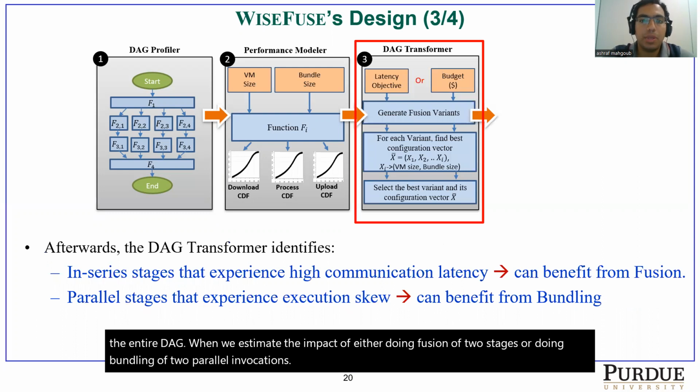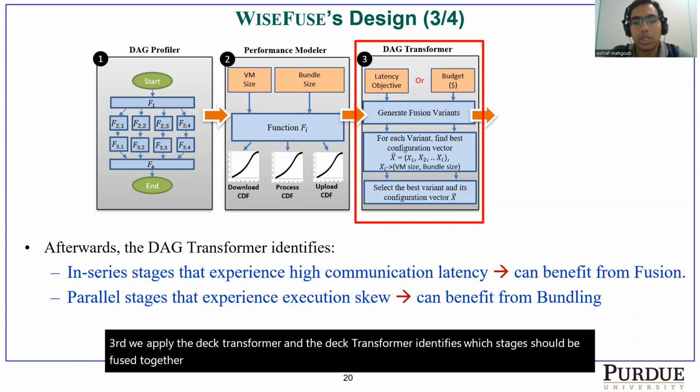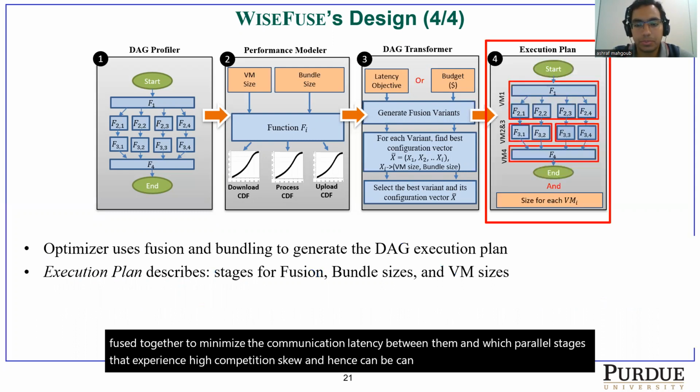Third, we apply the DAG transformer, and the DAG transformer identifies which stages should be fused together to minimize the communication latency between them, and which parallel stages that experience high computation skew and hence can benefit from bundling.